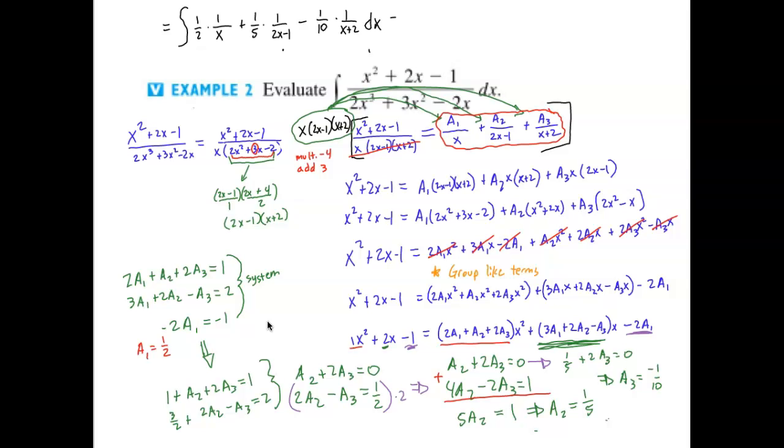Now you can for sure just think of that as 3 separate integrals. So that would be 1/2 integral 1 over x dx plus 1/5 integral 1 over 2x minus 1 dx minus 1/10 integral 1 over x plus 2 dx.